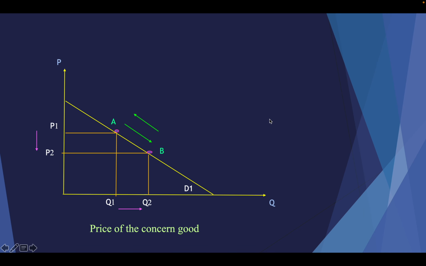When price changes, it moves along the demand curve, from one point to another, A to B. The curve is not shifting leftward or rightward. So remember that.